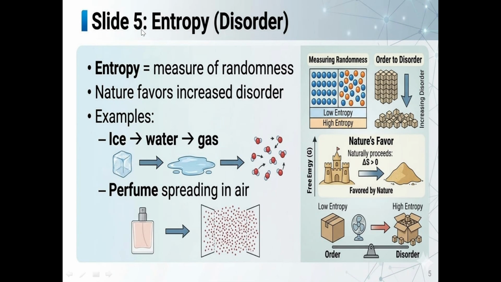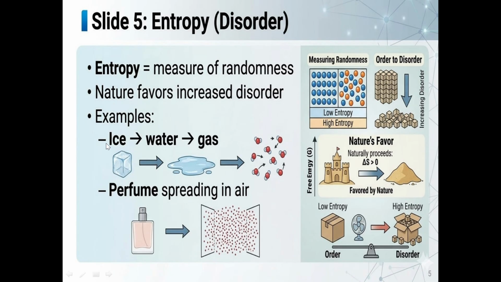And in the fifth slide, we will be talking about entropy, which means the disorder created due to reactions occurring inside the body. It is a measure of the randomness inside the body. Nature favors increased disorder. Nature always tends to increase disorder. So in a living system, it has also been studied that during reactions the disorder increases, which also increases the entropy.